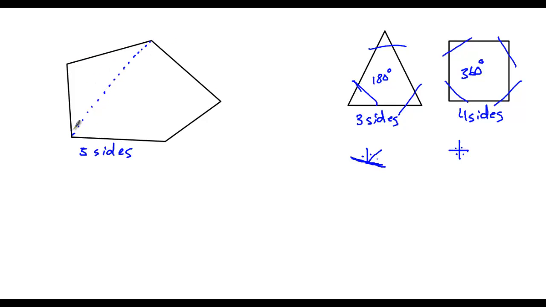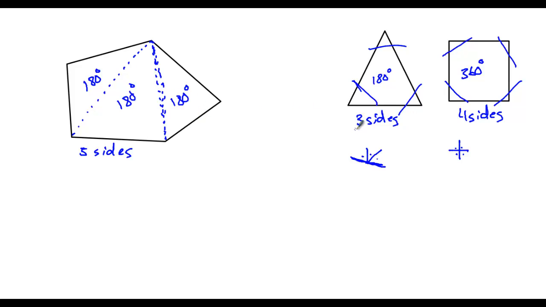So now I've drawn this line across here, and this is called a diagonal. But I know this triangle right here is 180 degrees, right? I still don't know what this shape is because it has 4 sides, so who knows. But if I split it up into another triangle, well, now I know this triangle is 180 degrees, and this triangle is 180 degrees.